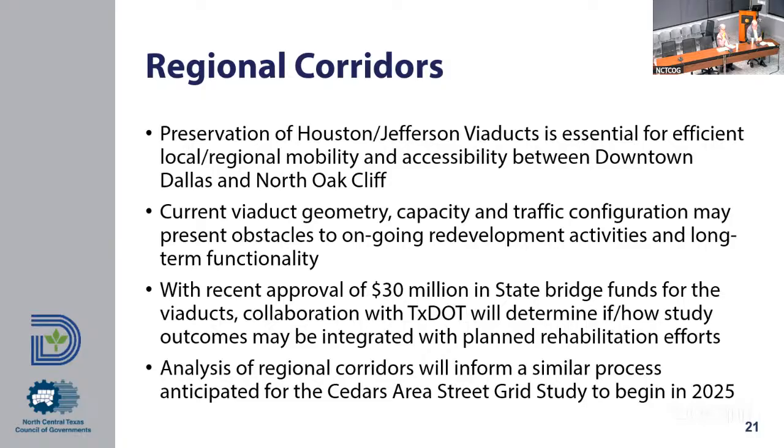TxDOT had won a $30 million bridge program to give some love to the Houston Street Viaduct. So Halff Associates prepared lots of data on the bridge conditions to help TxDOT, so we don't make improvements or do something that we then turn around and do differently as a result of the study.